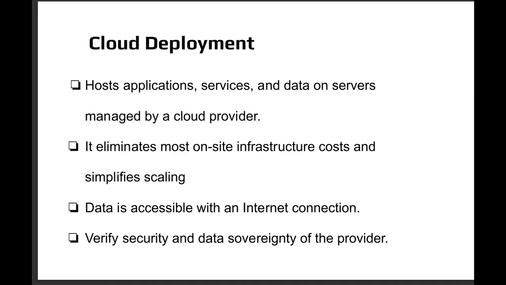Having users that are working remotely, and we want them to have access to data anywhere that has an internet connection. One concern about a cloud deployment is we're giving up control. We are relying on the trustworthiness of the cloud service provider to provide security, encryption, and data sovereignty for all of our sensitive data.